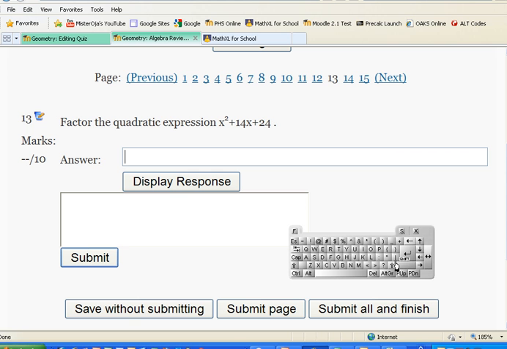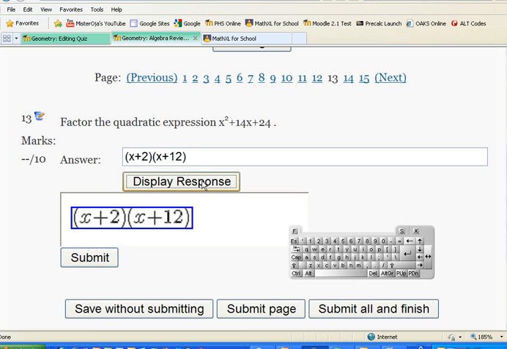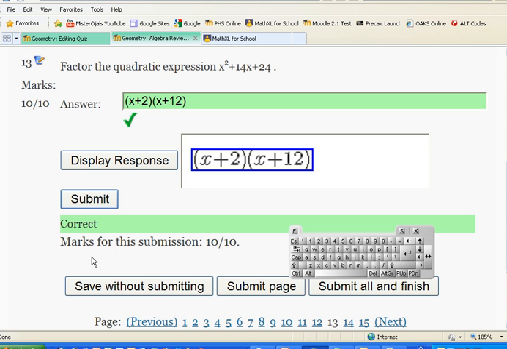We're going to put in parentheses x plus 2 times x plus 12. It doesn't matter what order, the 2 or the 12 can go first, but that's it. Display of response, does that look like what we wanted? Yes, it does. Voila, we got it. Okay? Next.